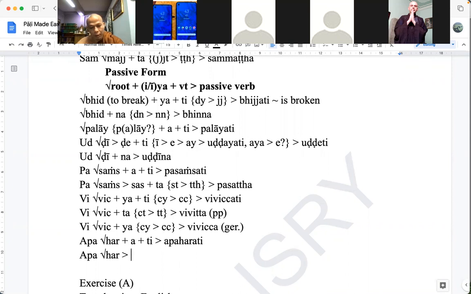So ruhar, ra is drop. So ha. And then the da. So here and da to the da with the dot. So that is abahata. So abahata means taken away, taken away.